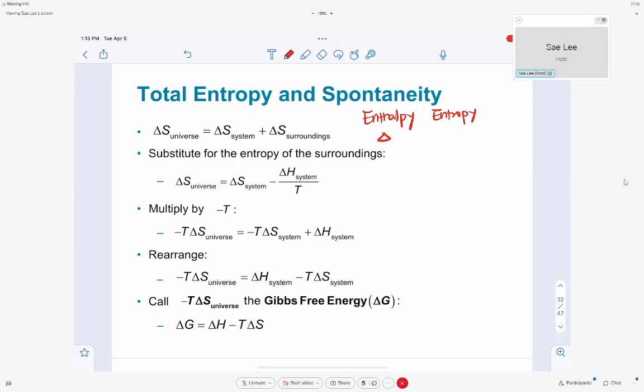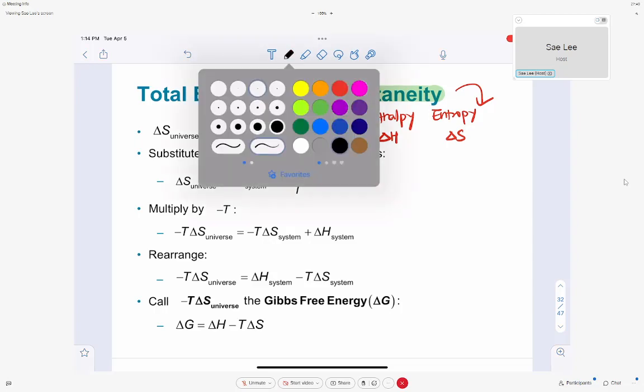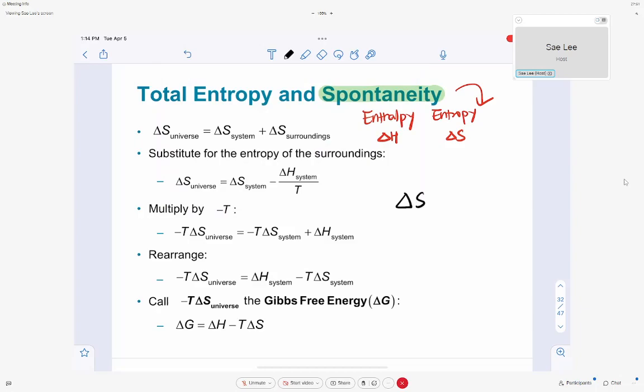Enthalpy, delta H, entropy, delta S. The spontaneity of the reactions involves both enthalpy and entropy. And American mathematician Willard Gibbs came up with a new state function called Gibbs energy or Gibbs free energy.